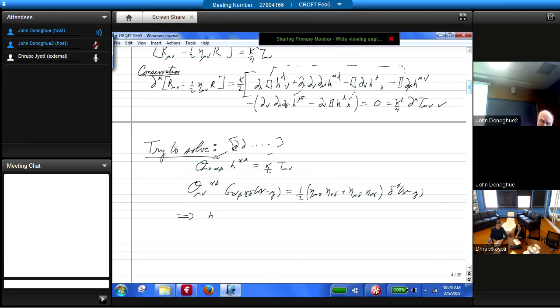Let's see, I brought these things down, I guess. h_{αβ}(x) is the integral d⁴y G_{αβγδ} κ/2 T^{γδ}. If you could find that, then you've solved. That's the solution.